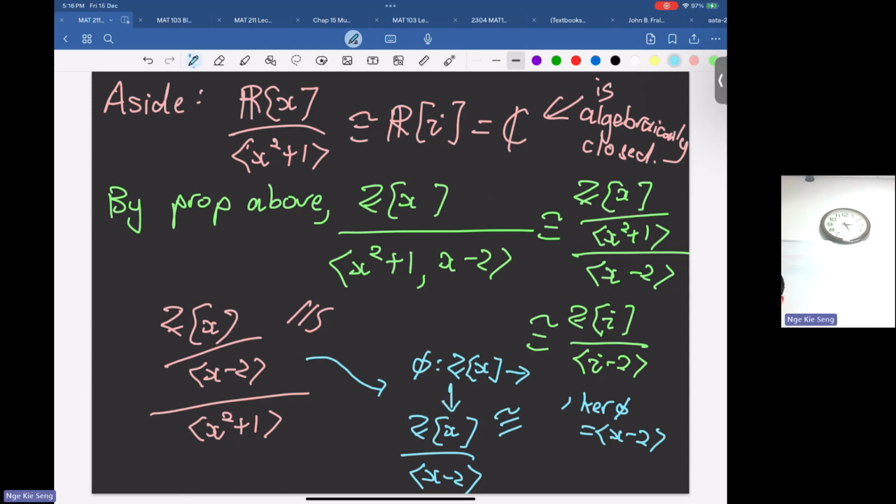What should the map be? Send x to 2. Very good. But the image is just Z. Is it an isomorphism or not? Because the pre-image of Z is just Z, the coefficients in Z[x], or you see Z as a constant polynomial.